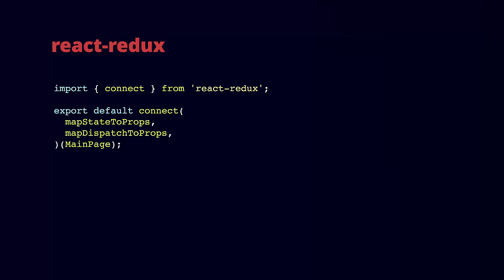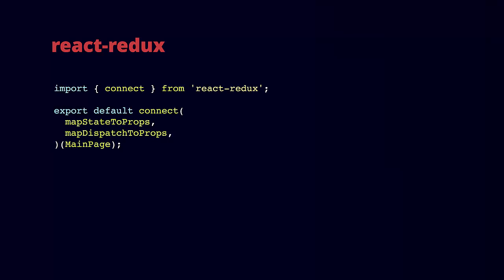So in this case, we have a larger component called main page, and that's going to be our container. It has within it all of the individual nodes and all of that stuff. The way we're going to connect is we first call connect with two arguments. The first one is a function called map state to props, and this maps parts of Redux state to properties that are going to be fed into main page.